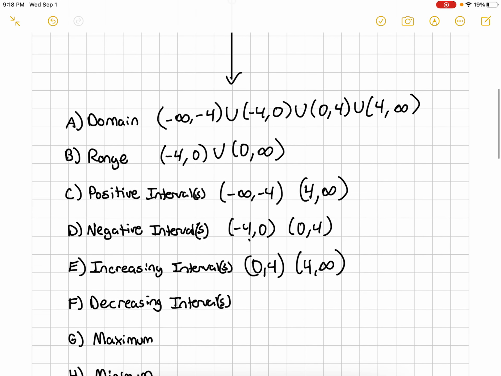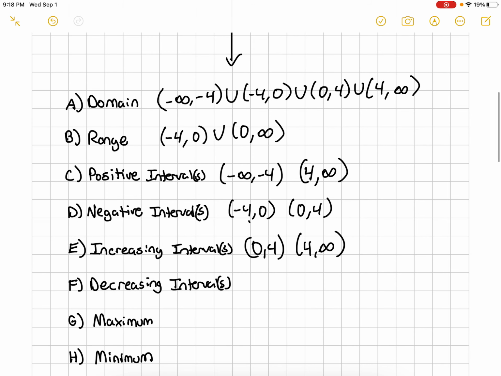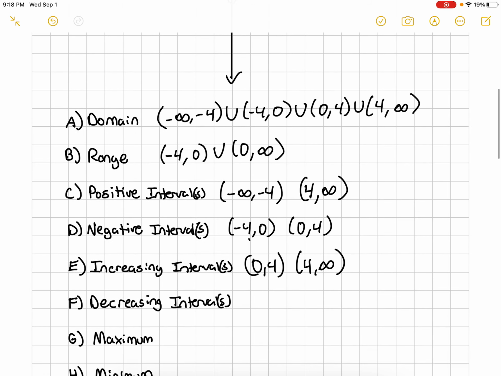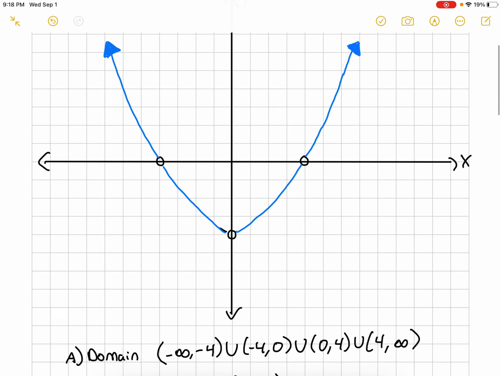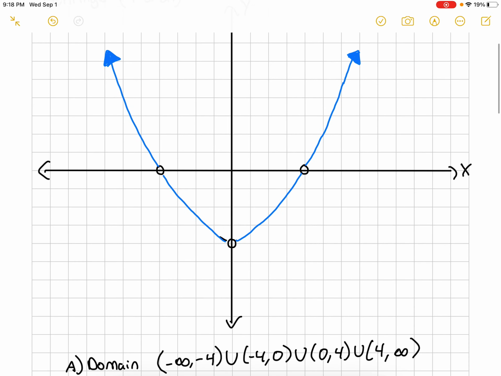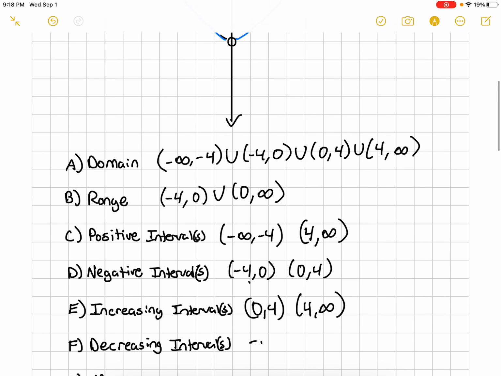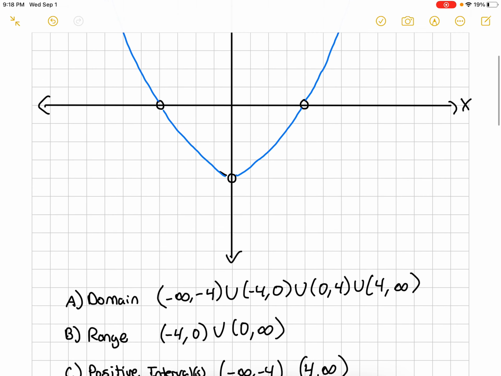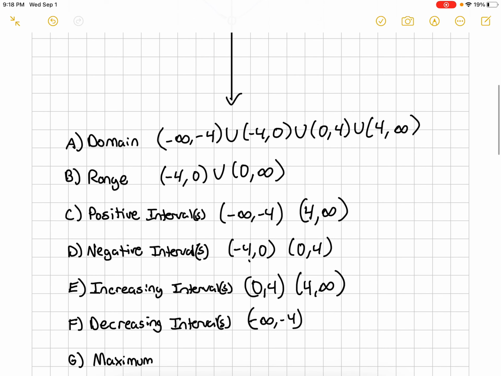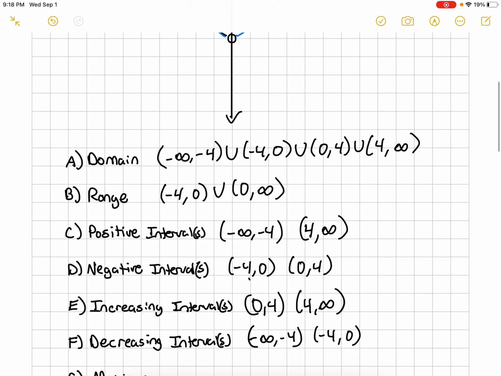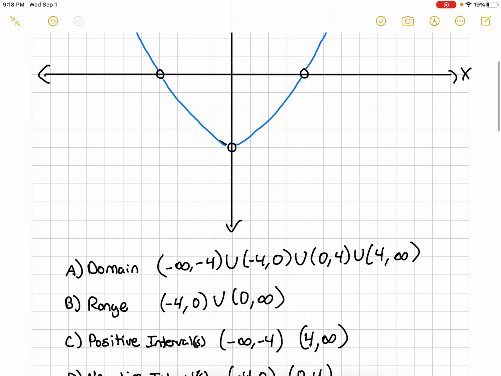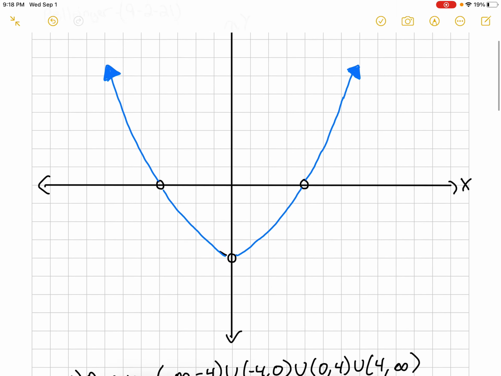And then where does it go downhill? The decreasing intervals. It goes downhill from negative infinity to negative 4. And then from negative 4 to 0. We're going downhill. Okay, maximum. Does this function have a maximum y value?